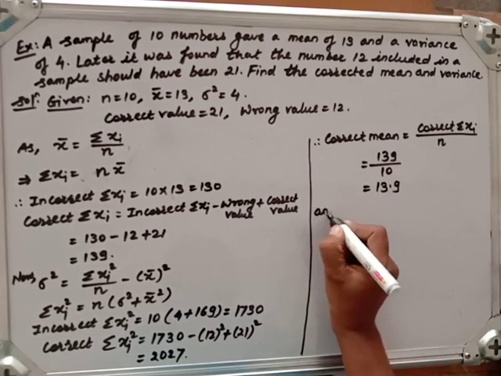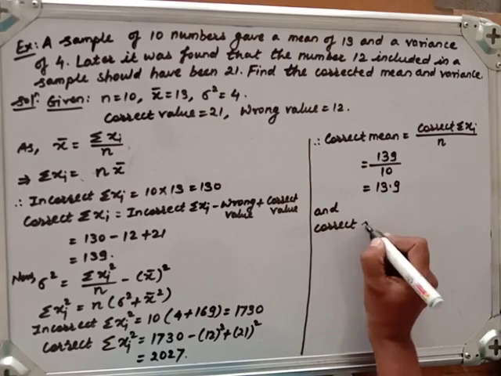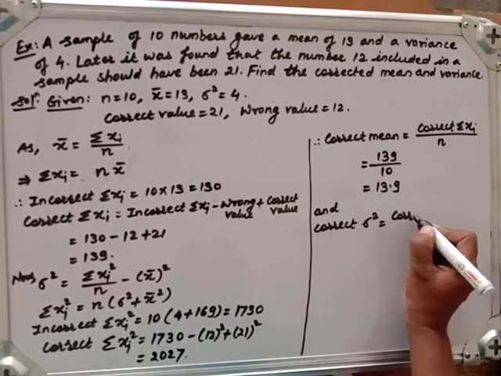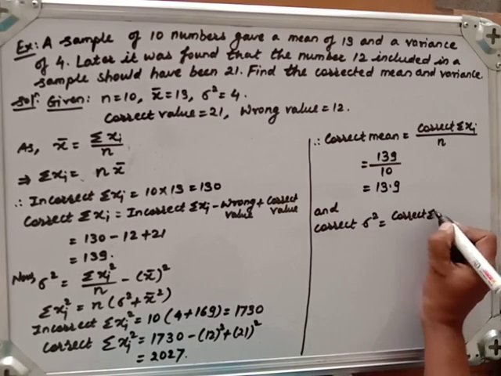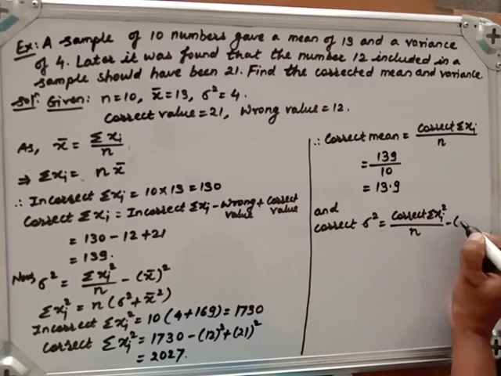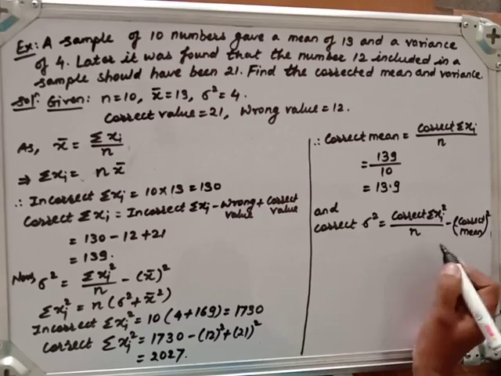And the correct variance, that is the correct sigma square, will be correct summation xi square upon n minus the correct mean square.